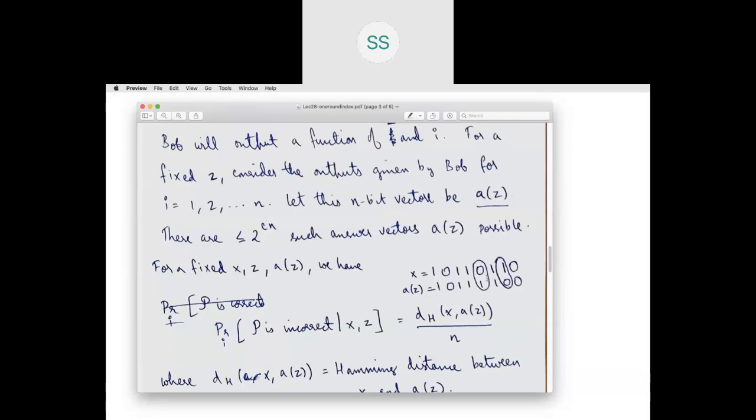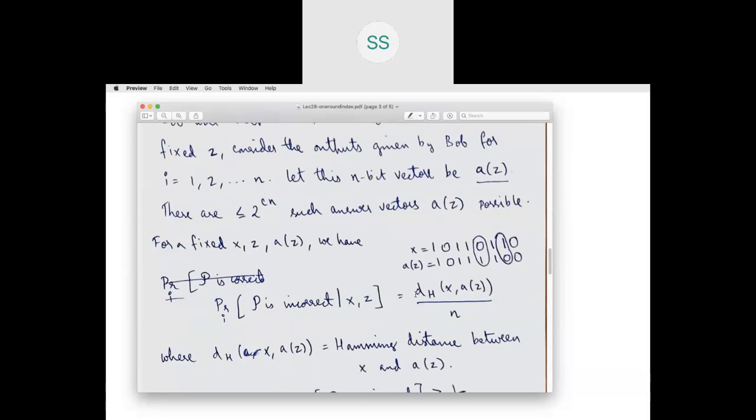In other words, you look at X, you look at AZ, and count how many bit positions they differ in. Here they differ in 2 bit positions, and that divided by the total number of bits is the probability it will make an error. The number of bit positions where two vectors differ is called the Hamming distance, denoted D subscript H of X comma AZ.